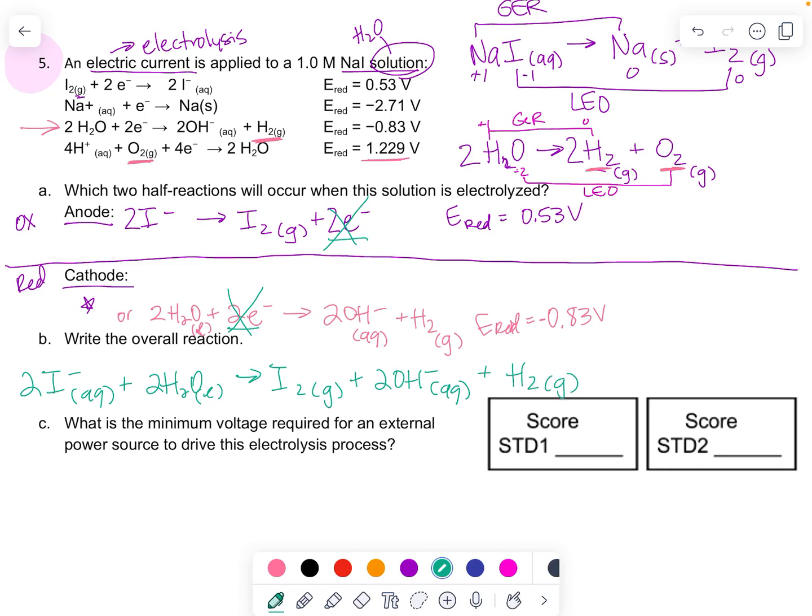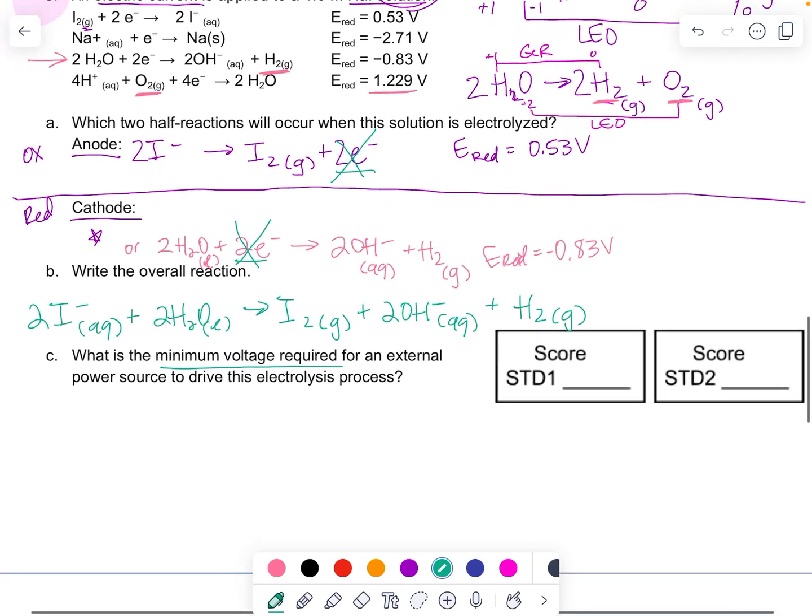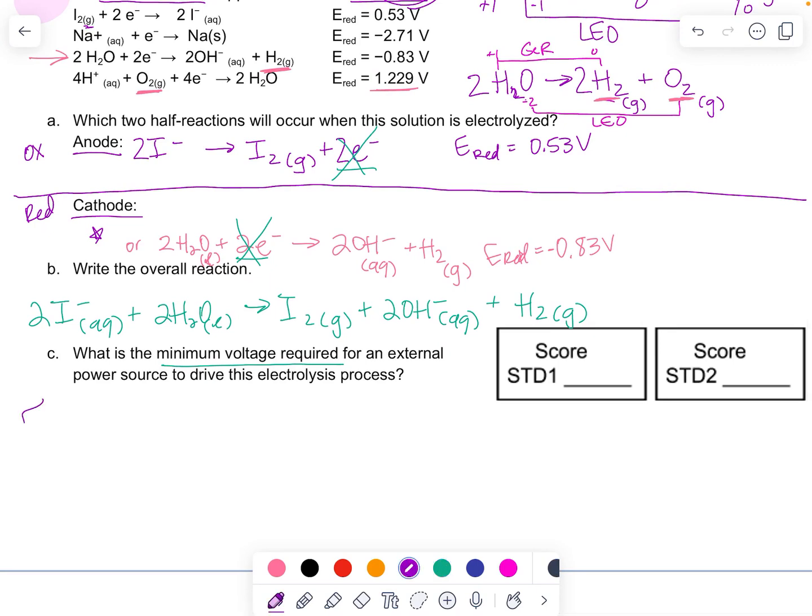Then it's asking for the minimum voltage required. Again, we have to apply energy to this because it is an electrolytic cell. And so I'm wondering how much do I need to add to make that happen? So I'm going to calculate this just like I've always done. So E of the cell is my cathode minus the anode.